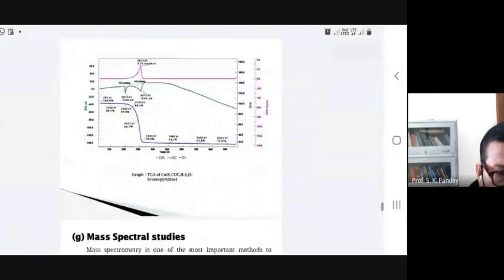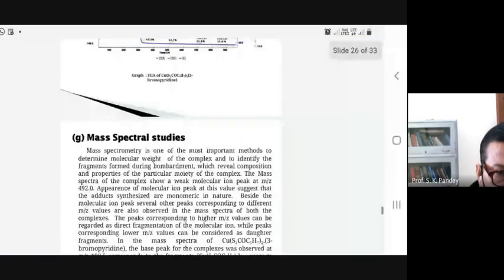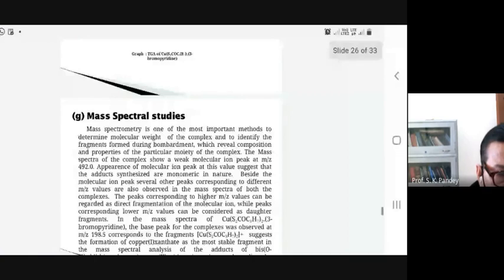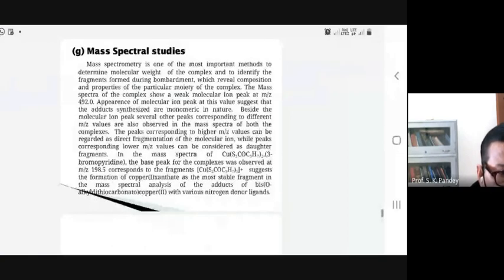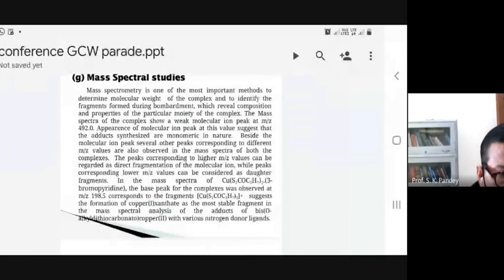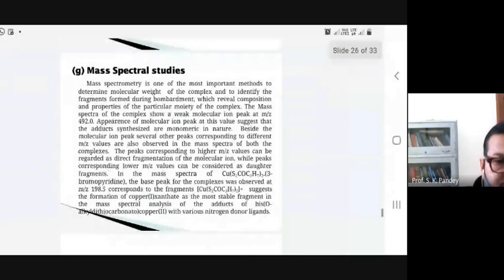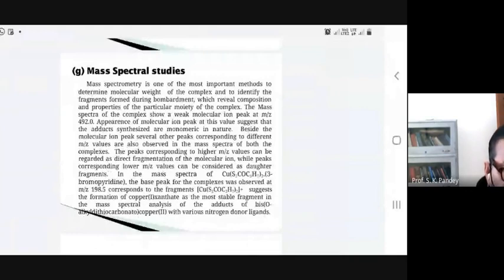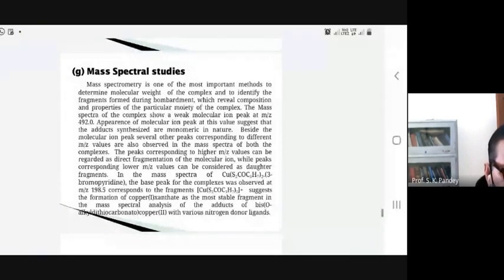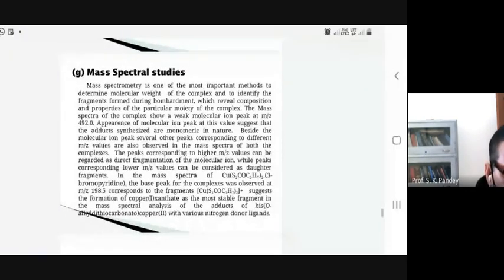The mass spectral studies of the complex also show that the complexes are quite stable, and the peaks corresponding to the higher m/z value can be regarded as the direct fragmentation of the molecular ion, while the peaks which correspond to the lower m/z value are considered as the daughter ions.